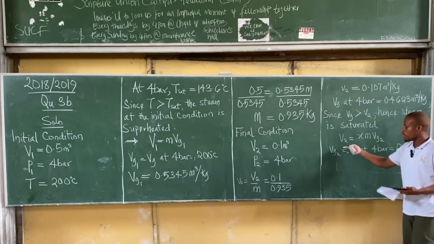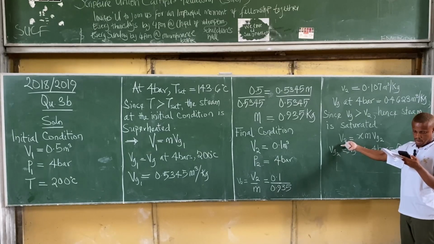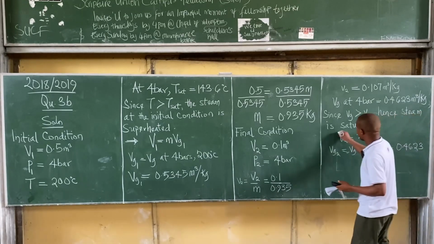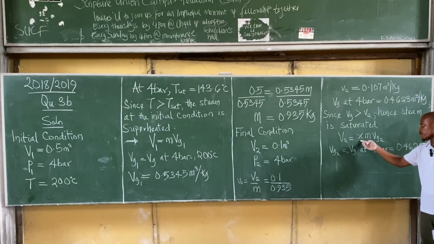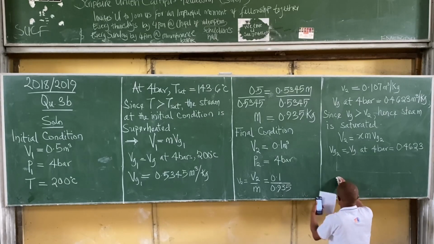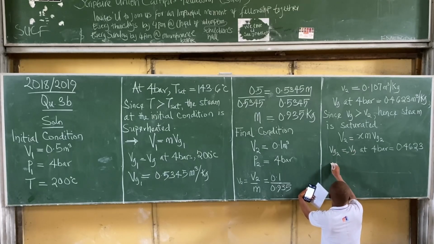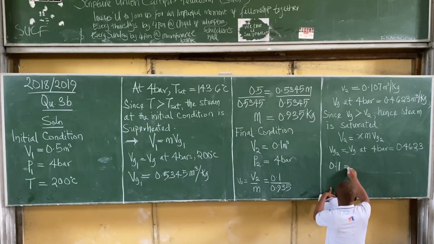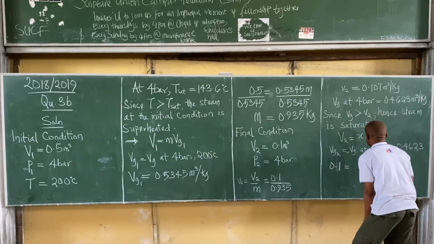Now we know our value for V2, right? Yes, we know our total volume V2, we know our mass, and we know our Vg2. Therefore, we can get our dryness fraction, or the final quality of the steam. Okay, what was our V2? 0.1, right? Equals x, our dryness fraction or final quality, multiplied by our mass.